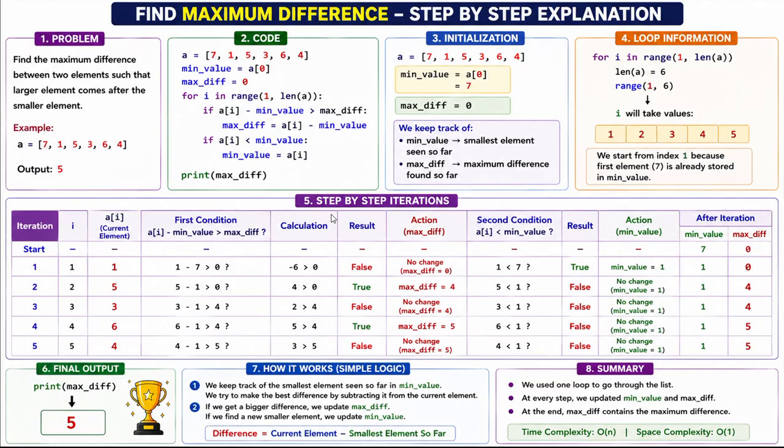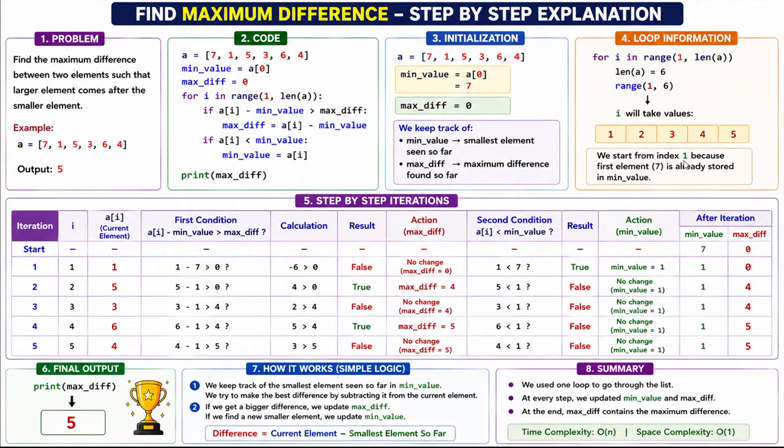Even if you didn't get the idea, just take a pen and paper and try to apply this code on your paper, with every iteration updating the maximum value and the min value.